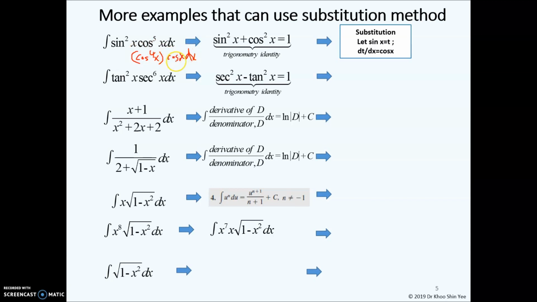For this term, if you differentiate sine x, you get cos x dx, right? So in this case, we can let t equal to sine x, and when you differentiate it, you get cos x. We use this substitution to solve it. And don't forget, cos x we want to convert into sine, and you can use the identity to do that.